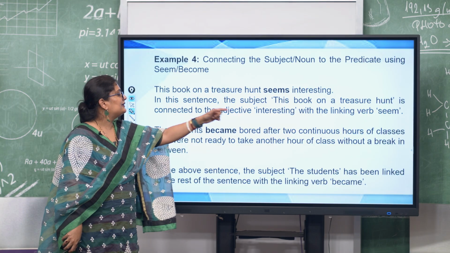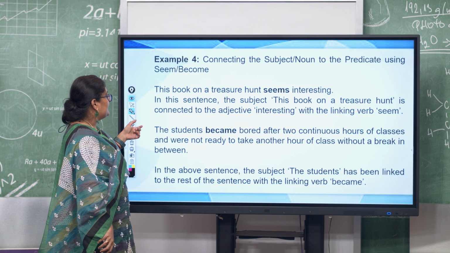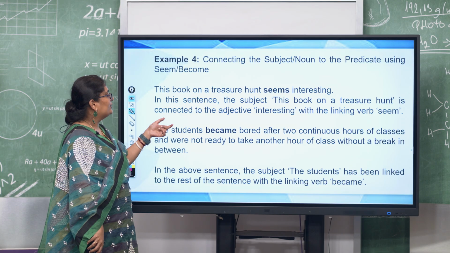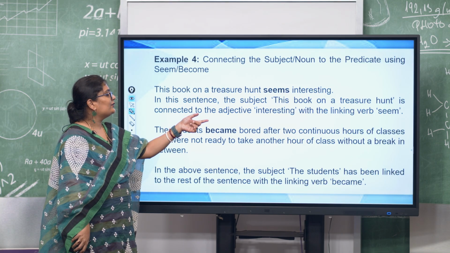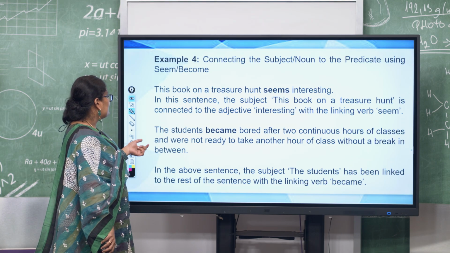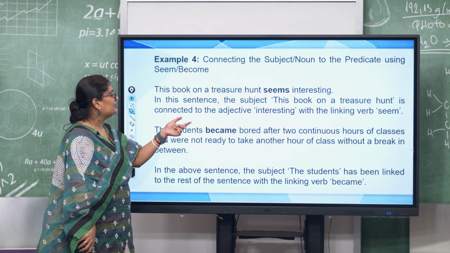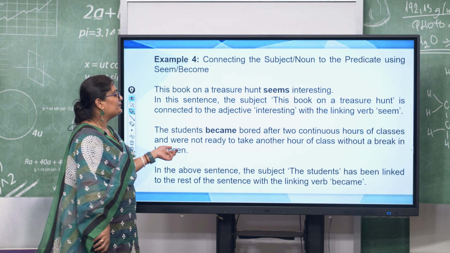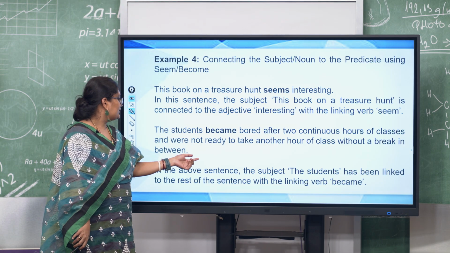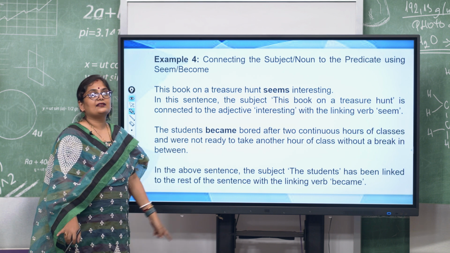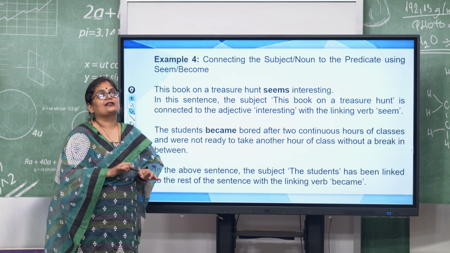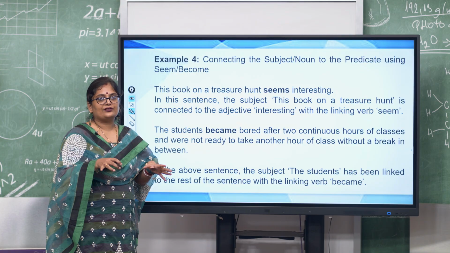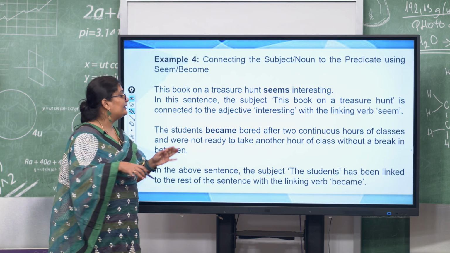It is seem. Similarly, the students became bored after 2 continuous hours of classes and were not ready to take another hour of class without a break in between. So, look at this particular subject. In the above sentence, the subject, the students, have been linked to the rest of the sentence with the linking verb, which is became.